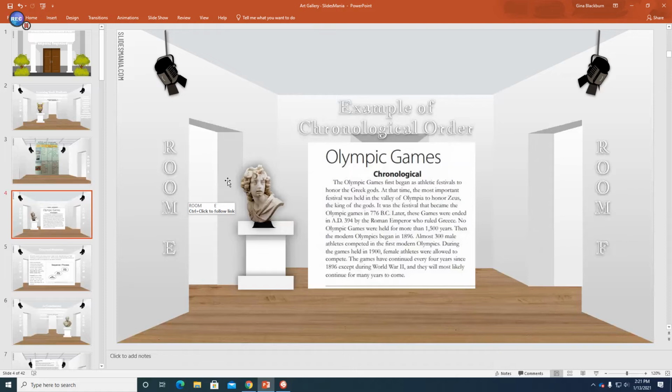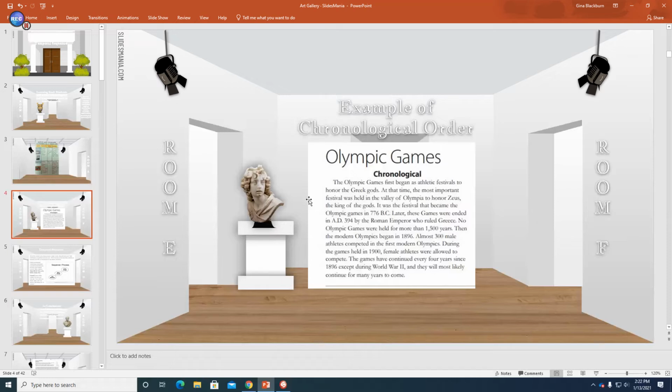Here's an example of chronological order. So again, we're going to be looking for those clue words like dates and times. Olympic Games, chronological. The Olympic Games first began as athletic festivals to honor the Greek gods. At that time, the most important festival was held in the Valley of Olympia to honor Zeus, the king of the gods. It was the festival that became the Olympic Games in 776 BC.